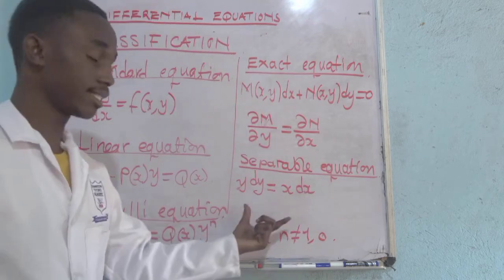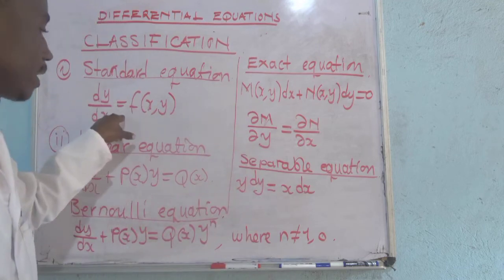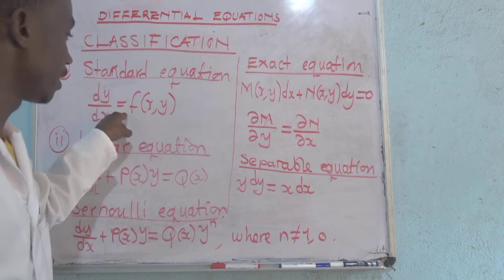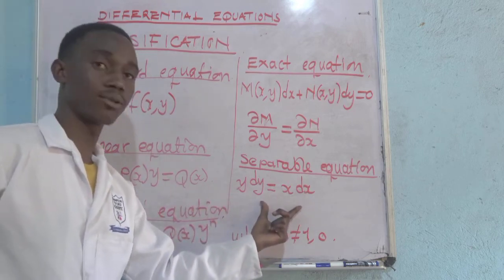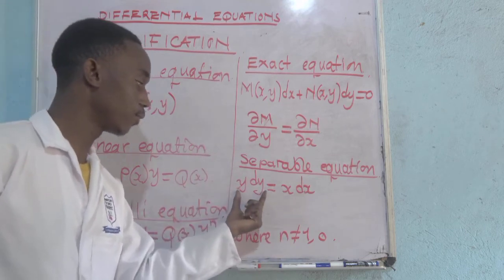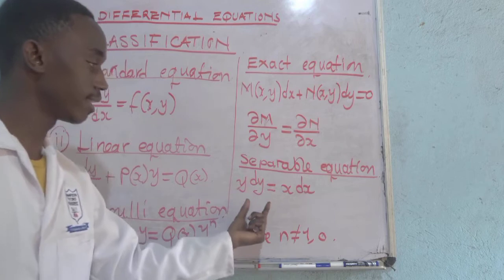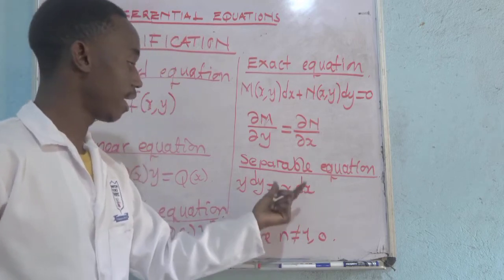So in this instance, this simply means that you can have some function or a standard equation like this. If you rearrange the standard equation, you should be able to have something that looks like this, meaning you can separate the variables, where on this side you only have those that have y, and on the other side of the equation you have those that have x.